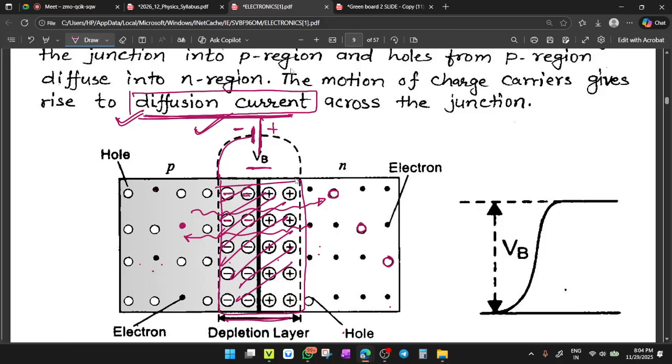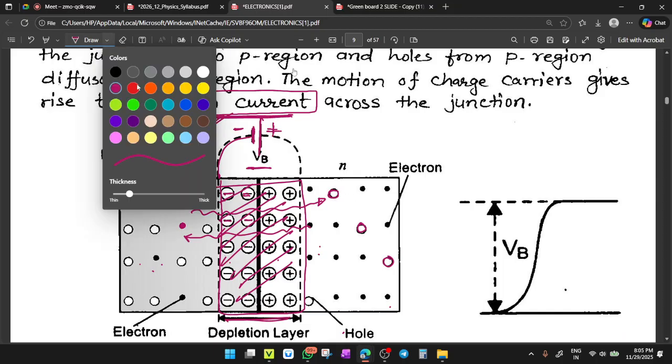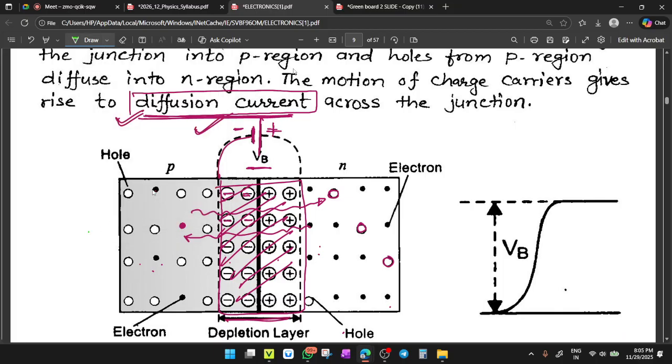Clear? Now what is happening here? Previously the electrons were moving towards here, but now the electrons in the p region, I'm talking about these electrons, will rush towards this junction, and holes in the n region will also rush towards this junction. Why? Because there is an electric field. Clear?